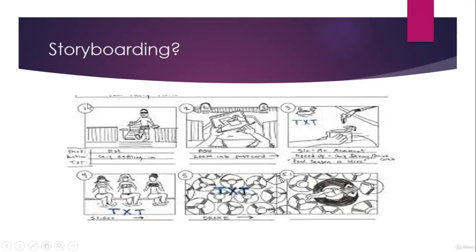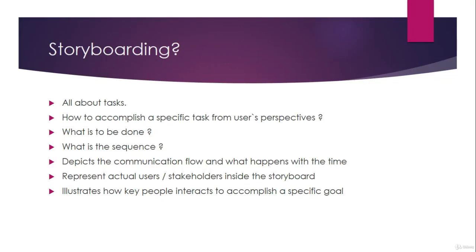So likewise, through this sequence 1, 2, 3, 4, 5, 6, how these activities are linked to each other in a sequential way is depicted. If we are about to discuss in detail the attributes of storyboarding, as I mentioned, it's all about tasks, right? We are pictorially depicting how to accomplish a specific task from the user's perspective.